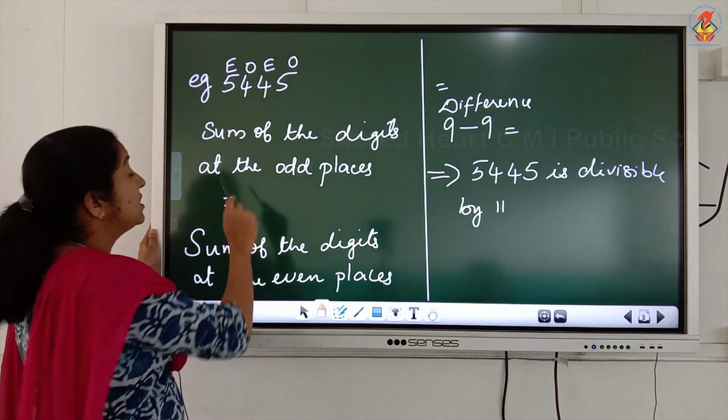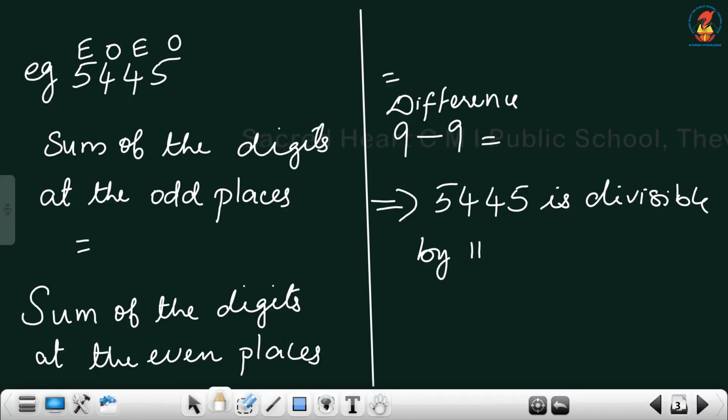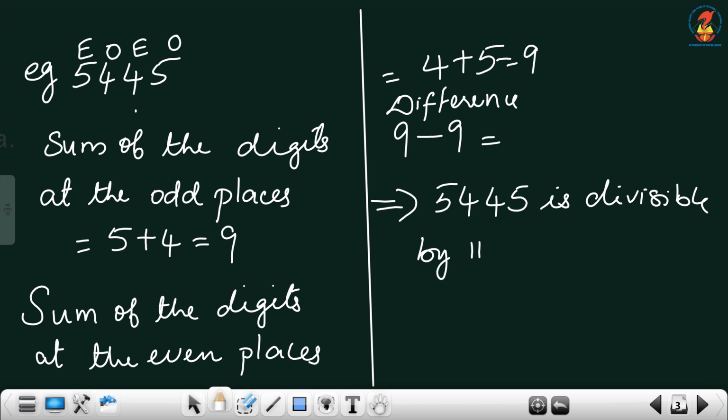What you have to find is the sum of the digits at the odd places. 5 plus 4, which is equal to 9. Same way, the sum of the digits at the even places. Even places are 4 and 5 itself. So, 4 plus 5 is equal to 9.